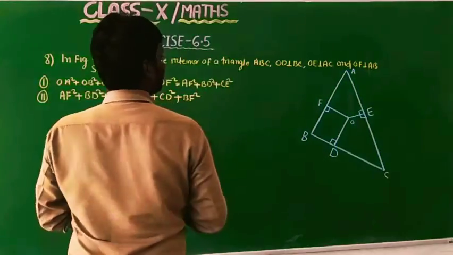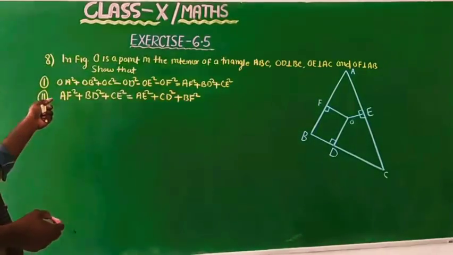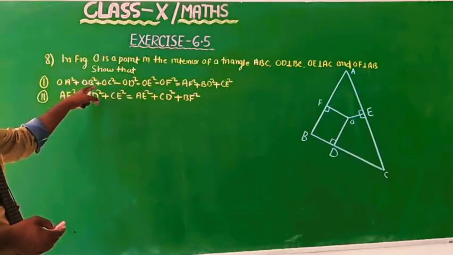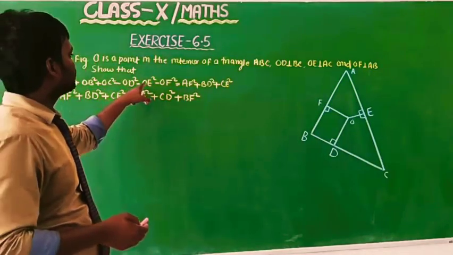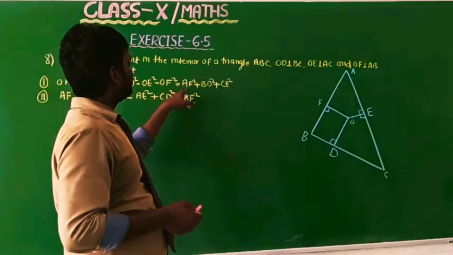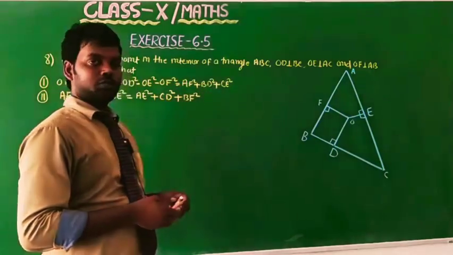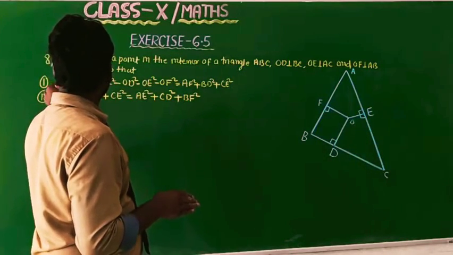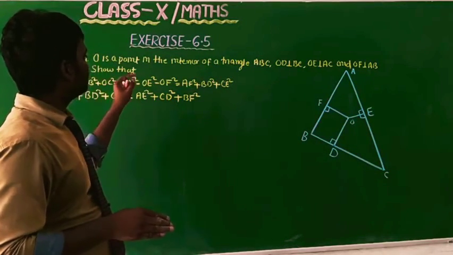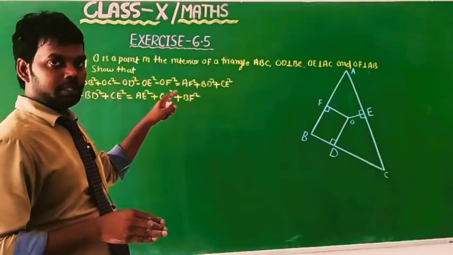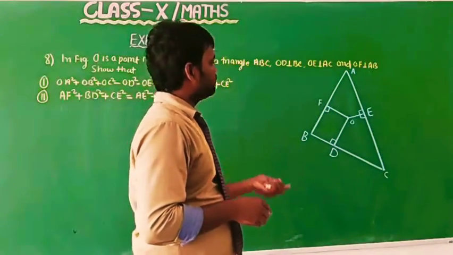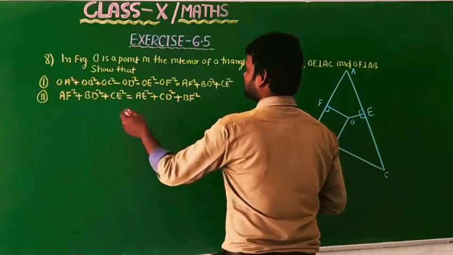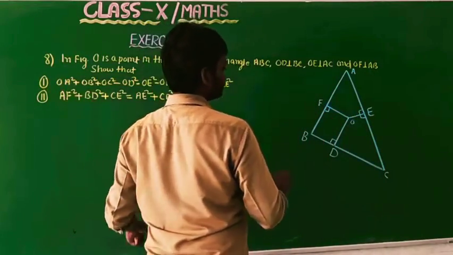And here first we need to show OA square plus OB square plus OC square minus OD square minus OE square minus OF square equal to AF square plus BD square plus CE square. So now check this OA, OB, OC and OD, OE, OF, AF, BD and CE, which are part of the triangle. So this is OA.